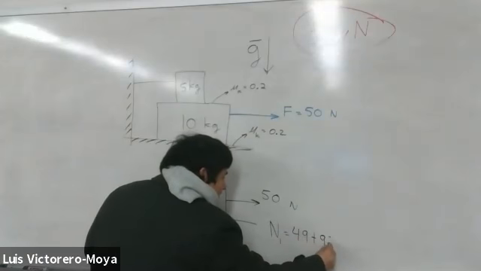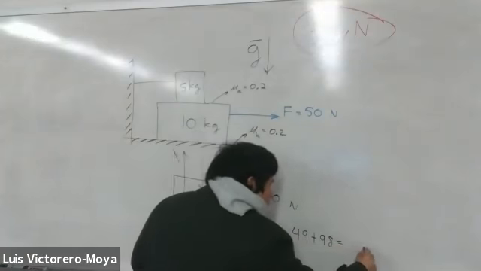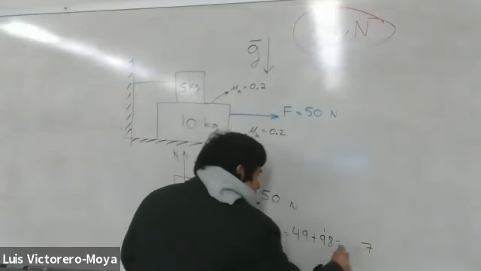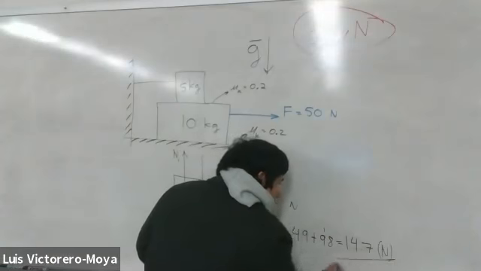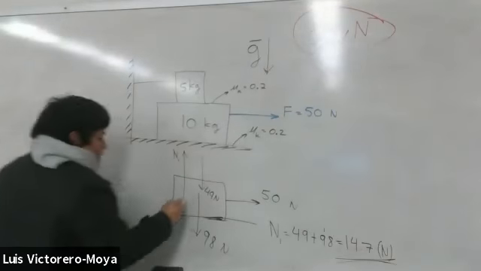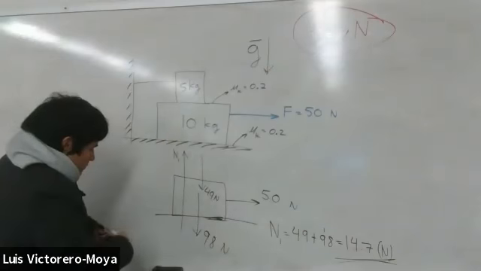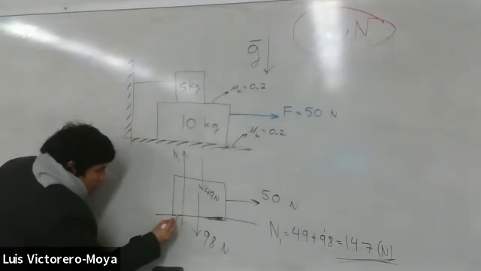Now, why do I need that? Because using the normal, I can find the friction. There is friction acting here.